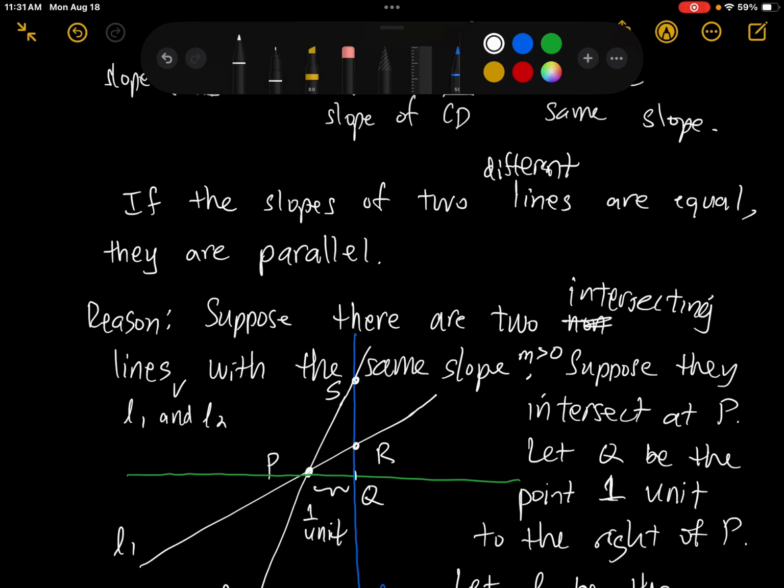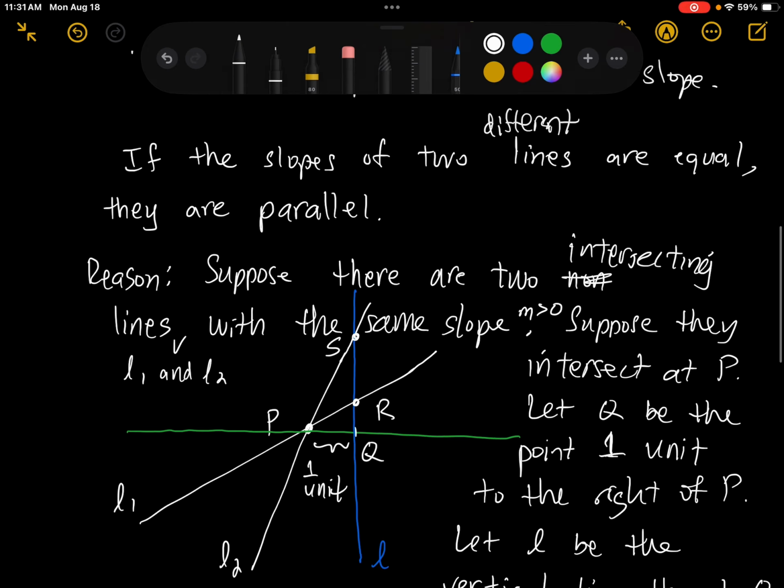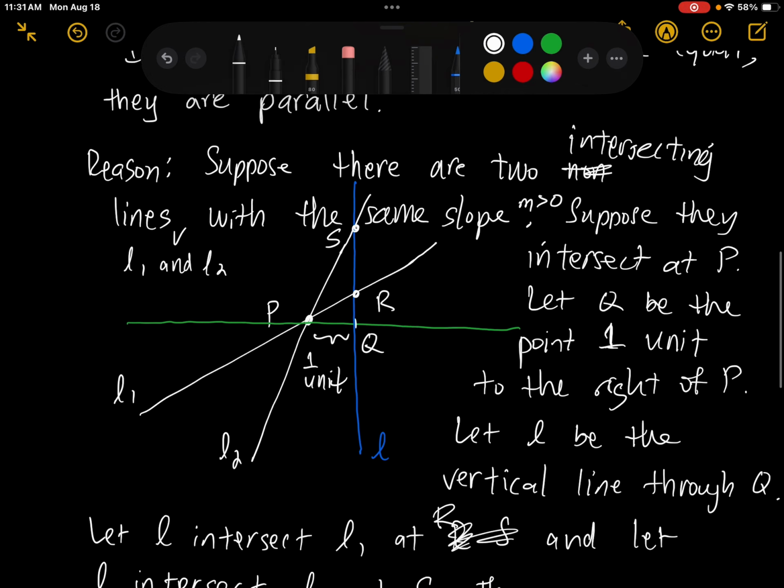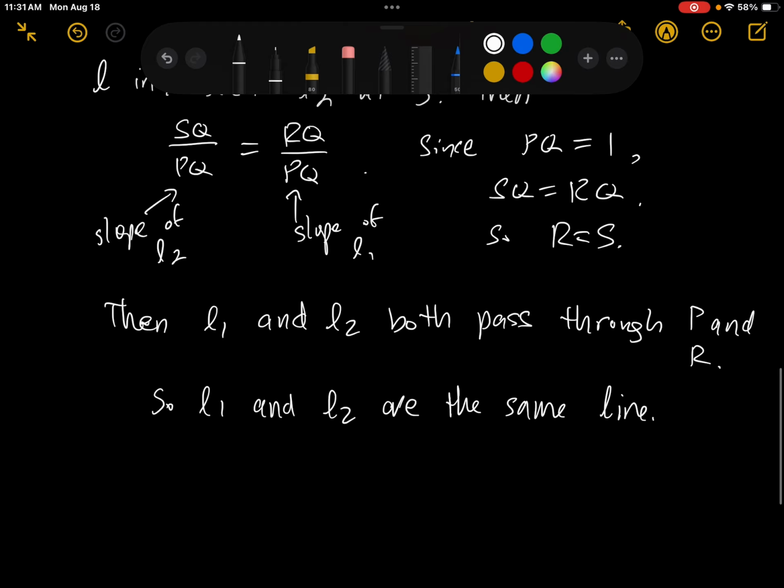I should have been more specific, but obviously we're assuming that the two lines are not the same. So we have two different lines. We want to show that if they have the same slope, they must be parallel. And we explained how if they were not parallel and they somehow had the same slope, then that would mean that the two lines are the same, which is a contradiction to the fact that they are different lines.